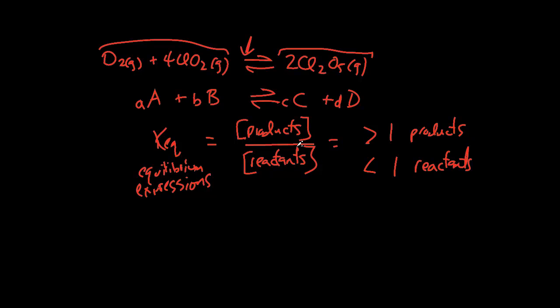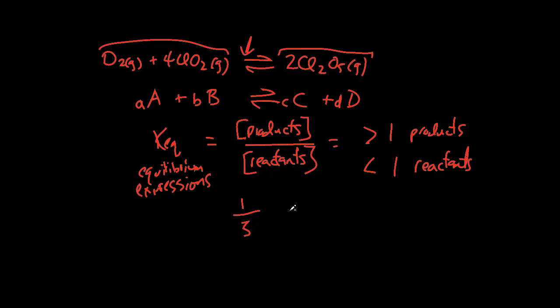Well, let's say I had a concentration of one product, 1 molar, over 3 molar reactants. And molar is going to cancel out. I'm just using some arbitrary numbers here. Well, this is less than 1, so this is going to favor reactants, with more reactants in the denominator.